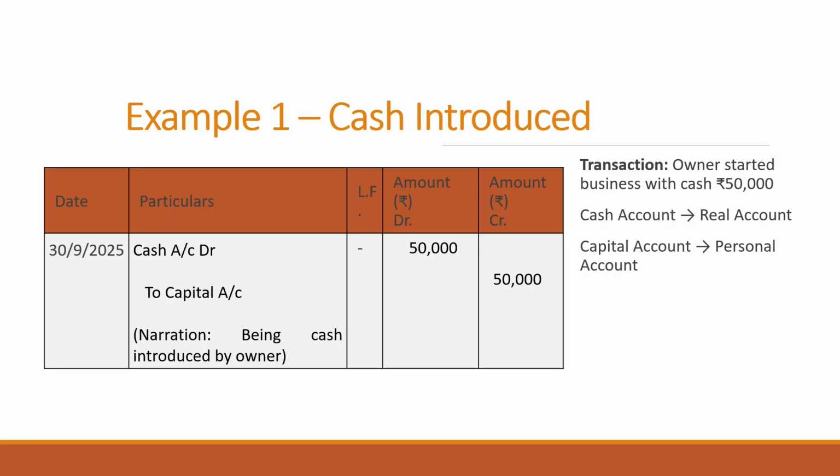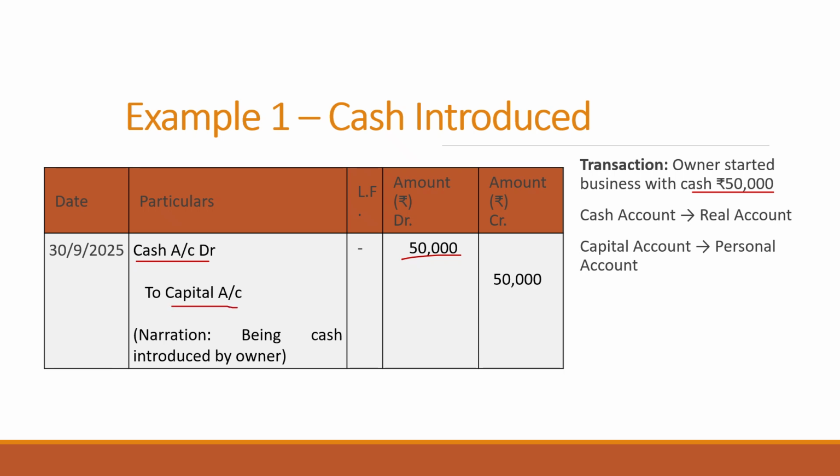So let us check with an example. The transaction goes like this. Owner started business with cash rupees 50,000. Cash is coming into the business, so the cash should be debited. 50,000 amount will be debited. And capital is the owner, a personal account, so the capital will be credited.